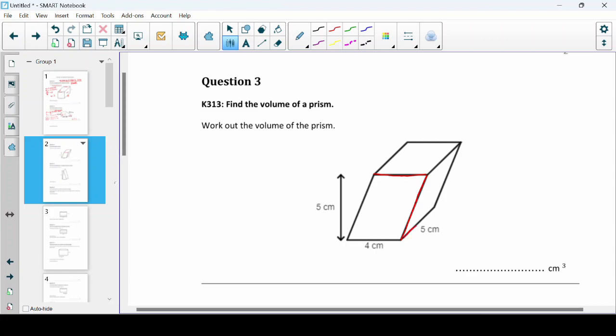The volume of a prism is area of cross section times the length. The cross section here is this one, a parallelogram. The area of a parallelogram is width times height, so 4 times 5, and times this length. The length is 5.